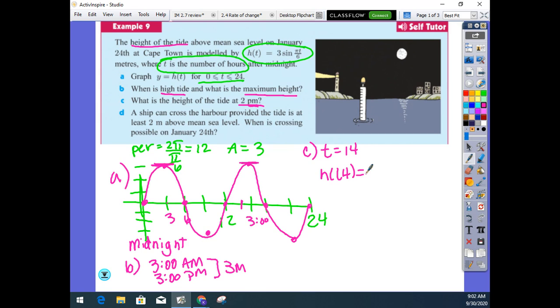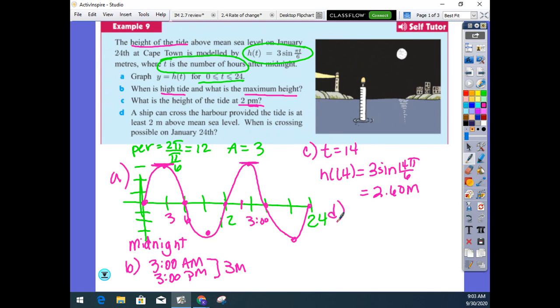So we're just going to plug it in. And if you just plug that in your calculator, it's 2.60. And that's going to be meters. Always try to make sure you're labeling.